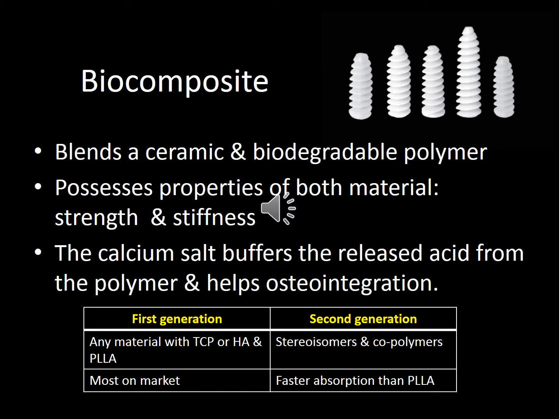The calcium salt buffers the released acid from the polymer and helps osseointegration. The first generation biocomposite screws were made with tricalcium phosphate or hydroxyapatite with PLLA, and these are most on the market. Second generation are stereoisomers and copolymers with faster absorption than PLLA.